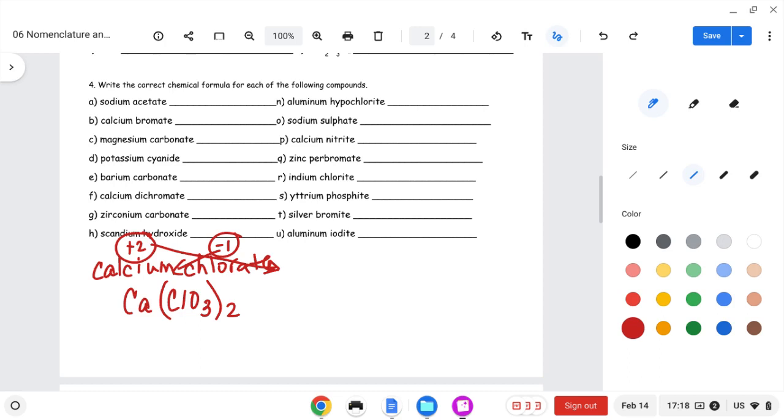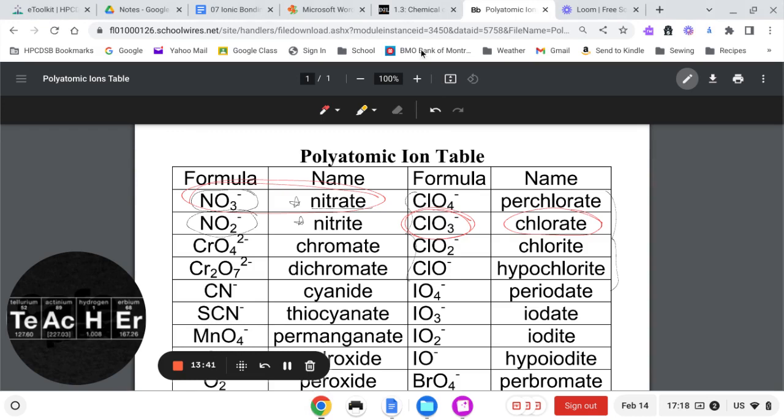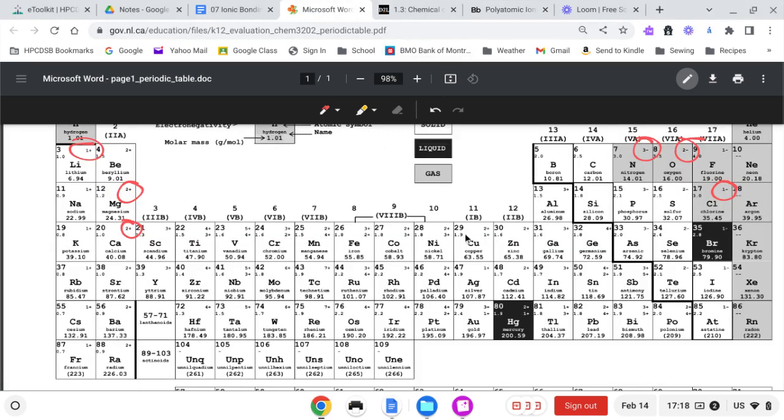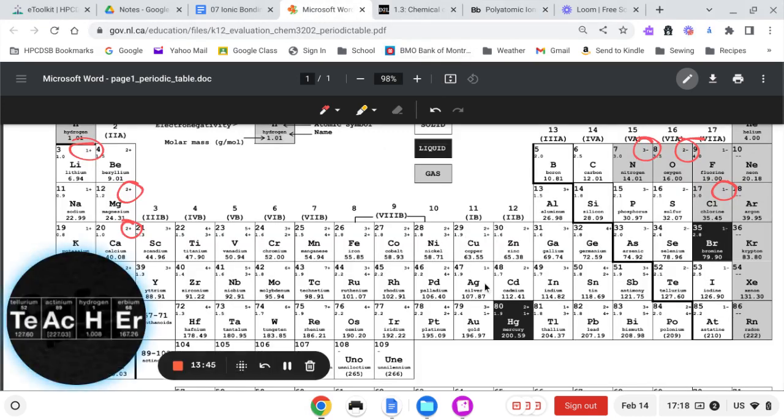Here's another example that I'm going to give you: silver phosphate. Again, we go to the periodic table, and right away I see silver right here.